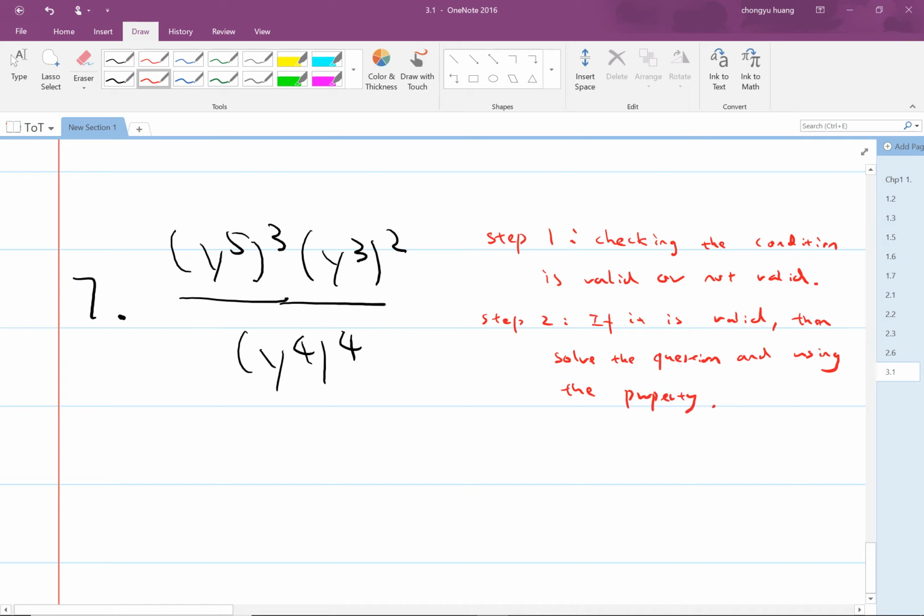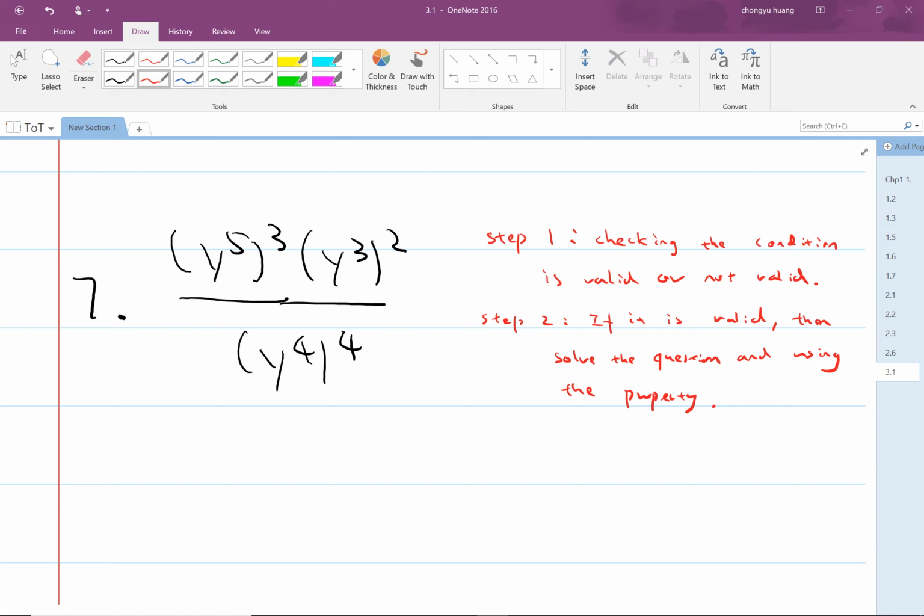Let me tell you one trick for using those properties. In question 7 we have y to the power 5 to the power 3, and then y to the power 3 and y to the power 2 in the numerator.